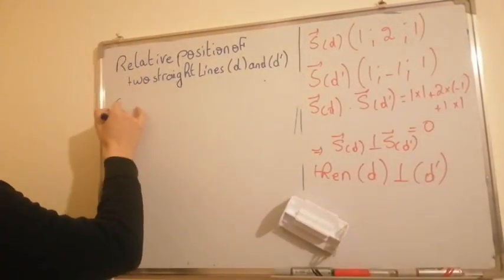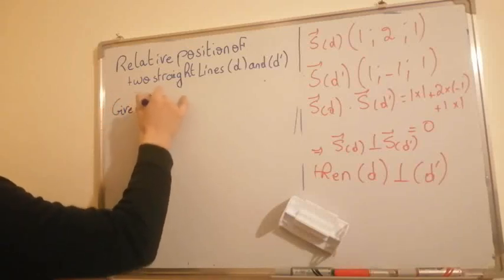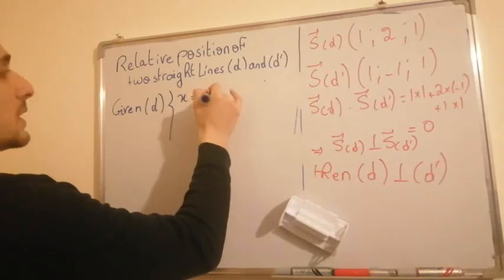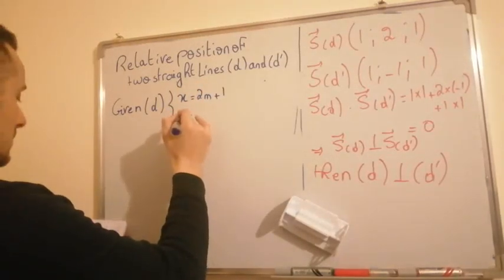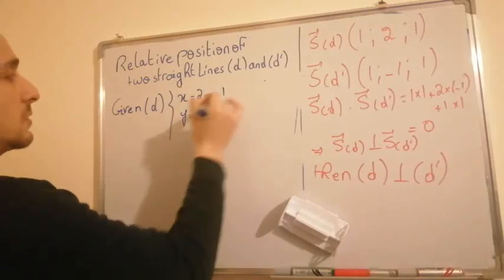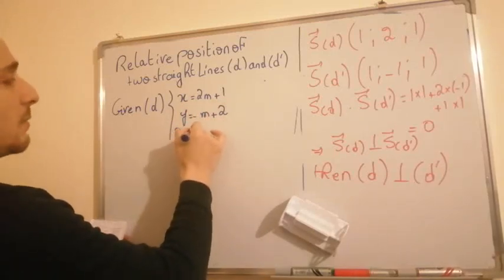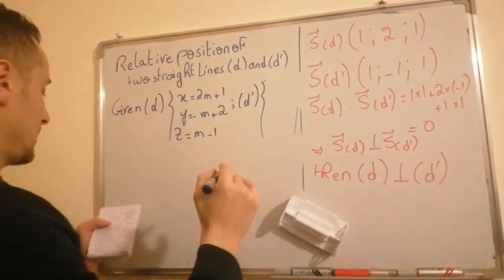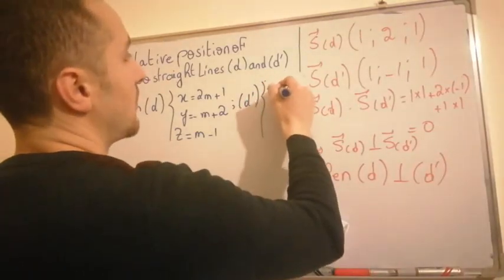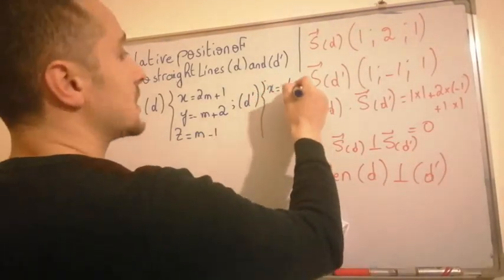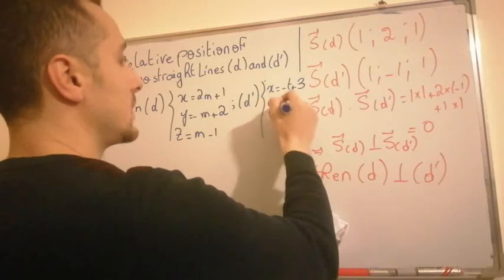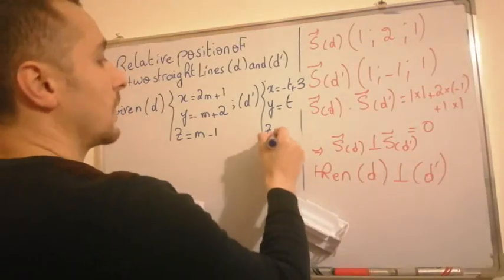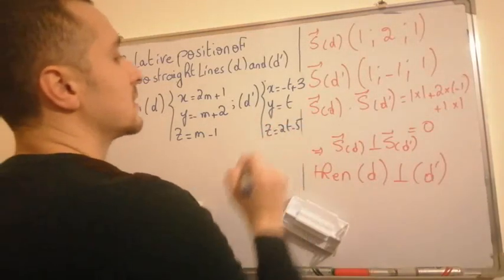Given the line D of equation x equals 2m plus 1, y equals minus m plus 2, and z equals m minus 1. The second line has an equation x equals minus t plus 3, y equals t, and z equals 2t minus 5.